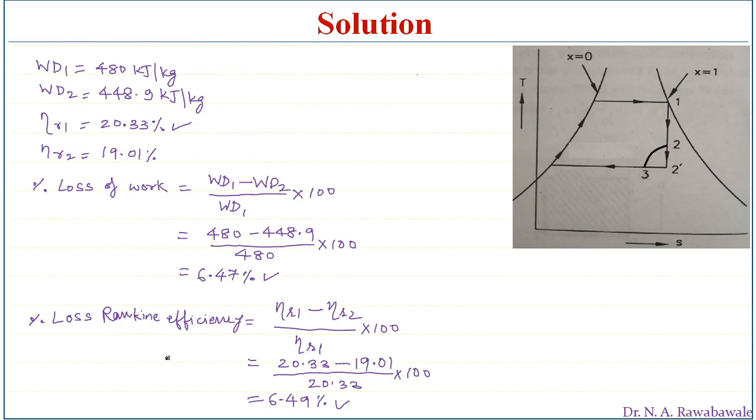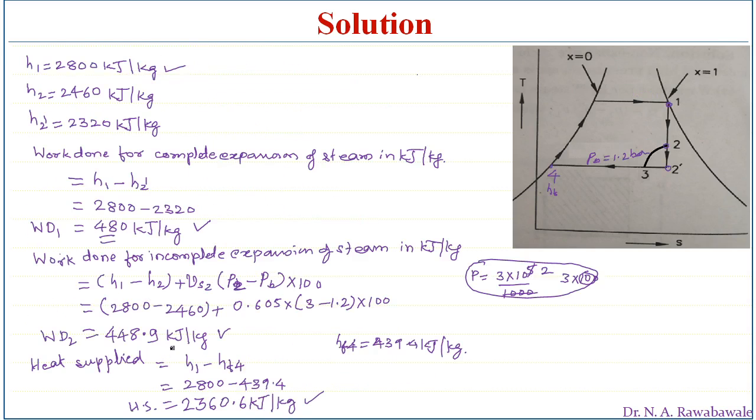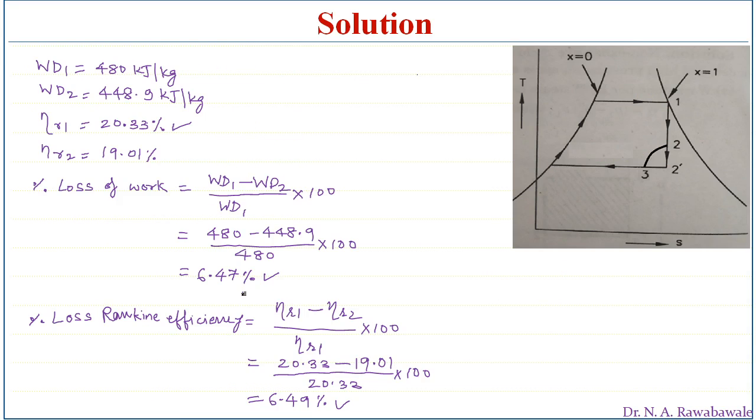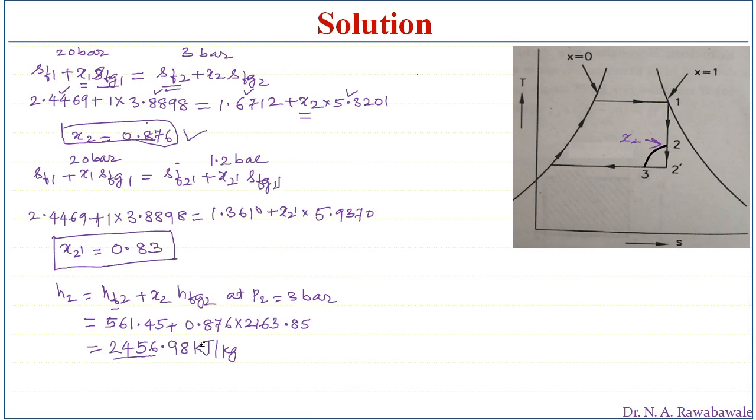By using the Mollier chart we obtained about 2460, directly reading the value here.